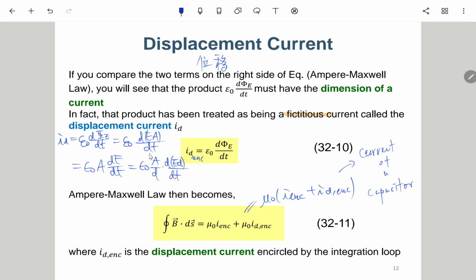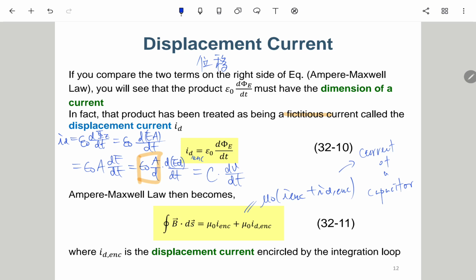Okay, so epsilon naught A over d is very familiar. We are quite familiar with this thing. This is actually C, the parallel plate capacitance, if you still remember in chapter 25. And here, this E times d is actually the voltage or the potential difference.